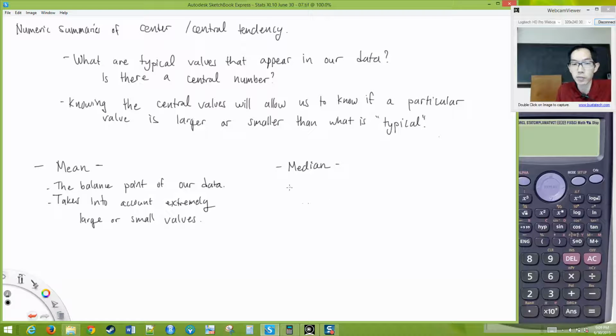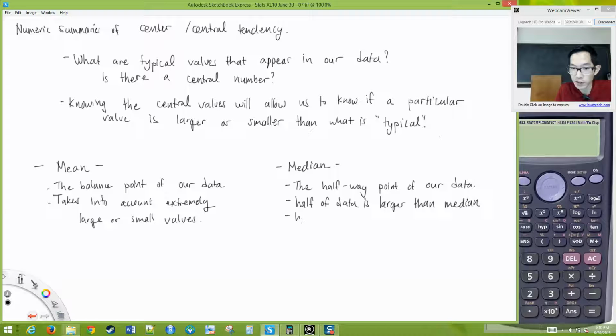Okay? The median, on the other hand, is the halfway point of our data. Half of the data is larger than the median, and half of the data is smaller.